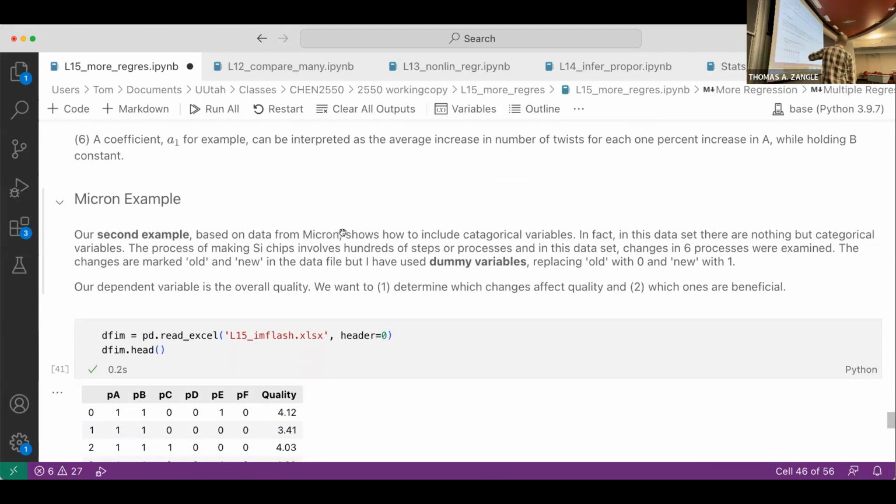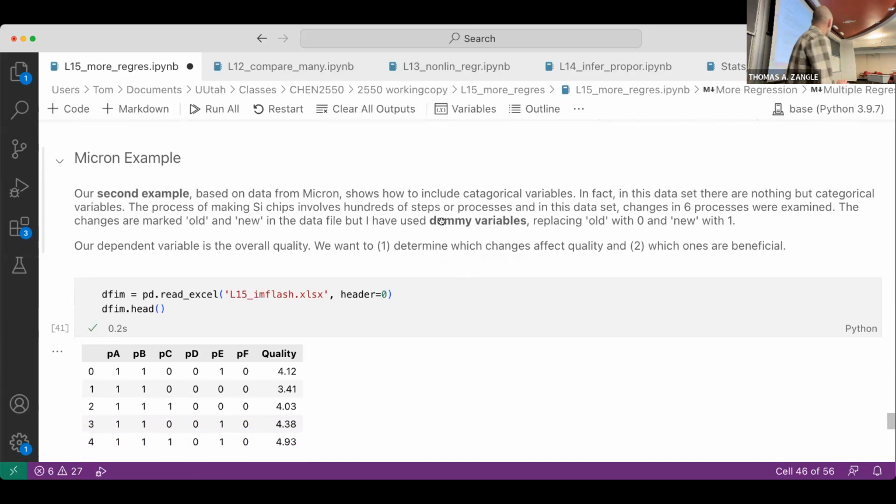And we want to know, does this affect quality or not in our final output? And so we have some measure. So if we look at the data from Micron when they were called IM Flash, we have some measure of quality as a result of the processes.